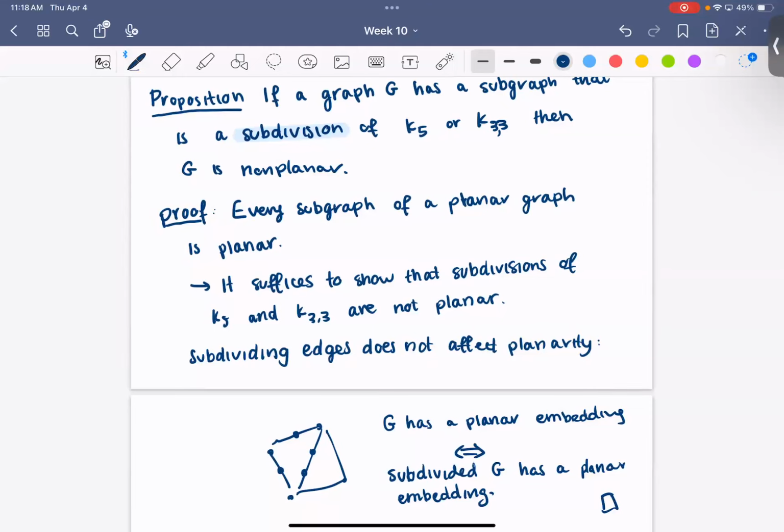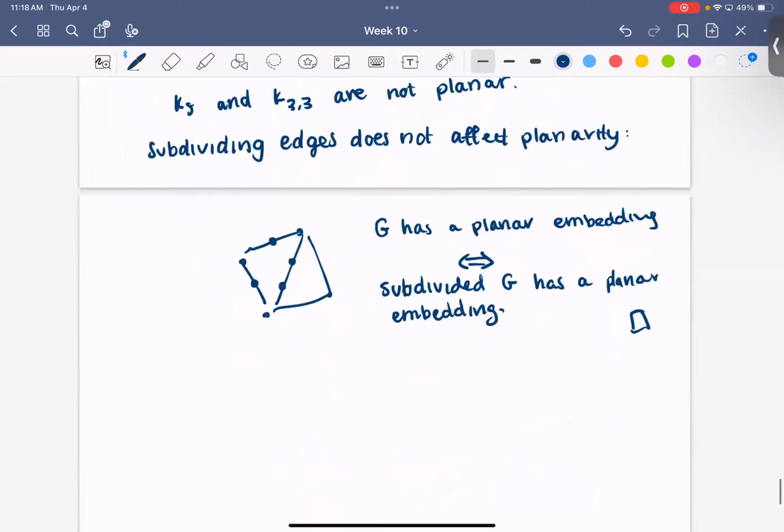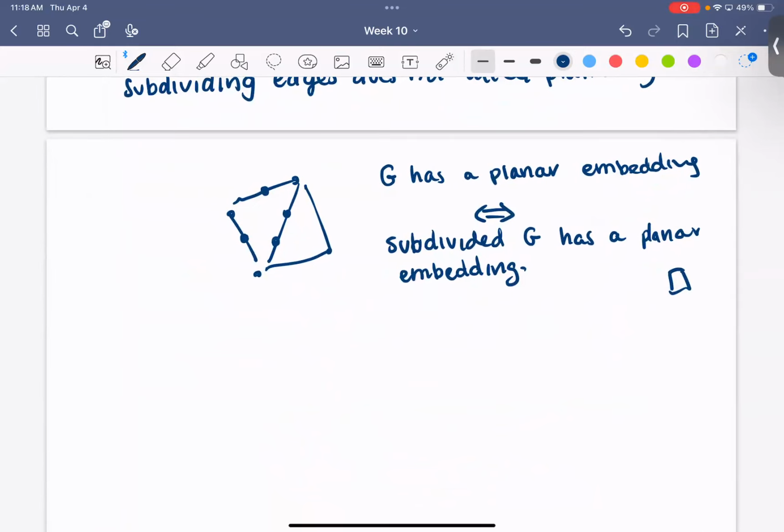Okay, so we know that having a subgraph that's a subdivision of K5 or K33 is illegal. And it turns out that this is actually enough. This is something called Kuratowski's theorem.